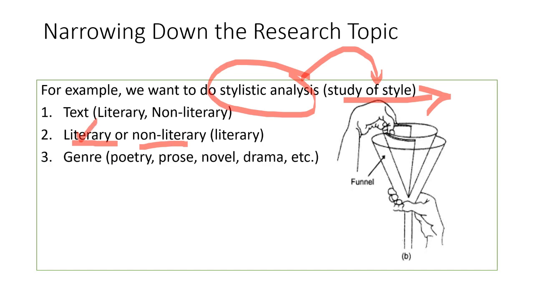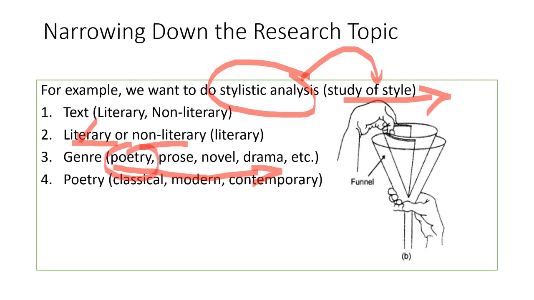From literary we need to select a genre, because in literature there are different genres, and we have to select one. So let's select poetry. Again, we have to be more specific whether the poetry would be classical, modern, or contemporary. Let's select contemporary poetry.